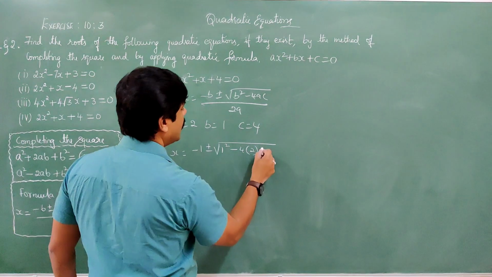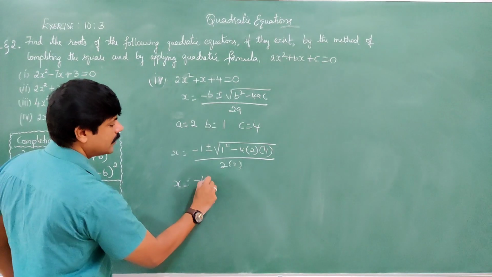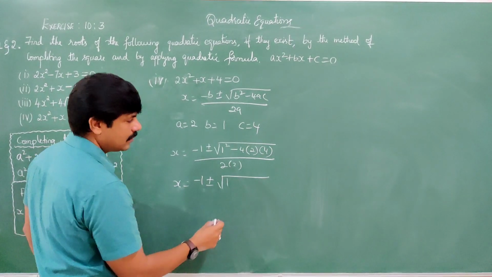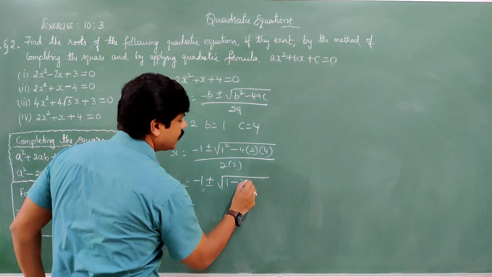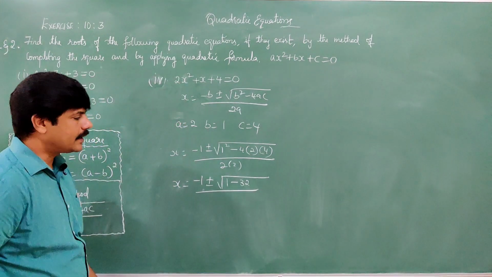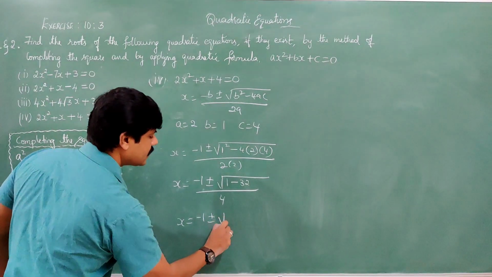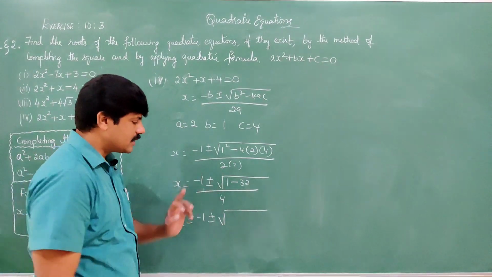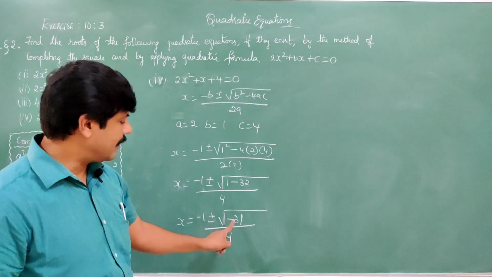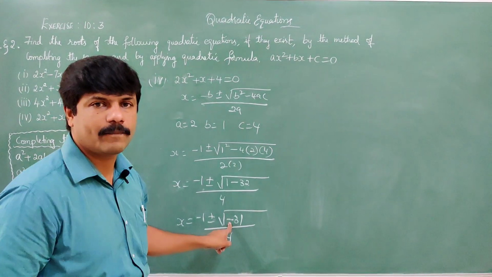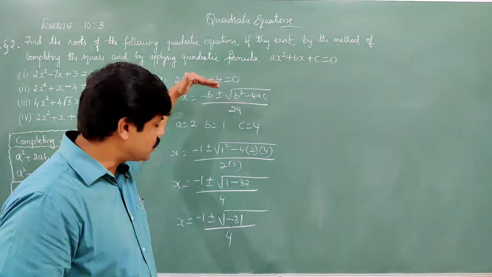A is 2 and c is 4, whole divided by 2 into 2. x is equals to minus 1 plus or minus square root of 1 minus 4 times 2 into 4, which is 32, by 4. x is equals to minus 1 plus or minus square root of 1 minus 32, which is minus 31, by 4. Since minus 31 is inside the square root, it is imaginary. It is not possible to find the roots of this quadratic equation.